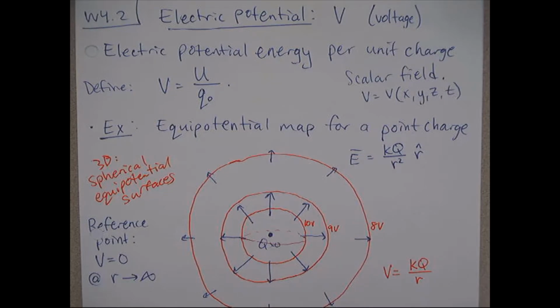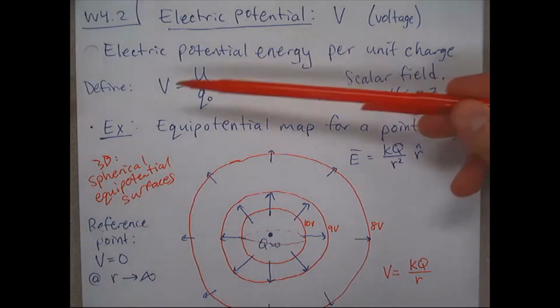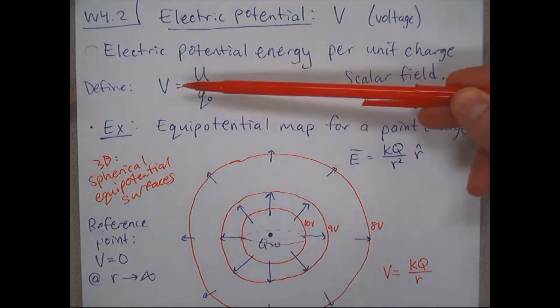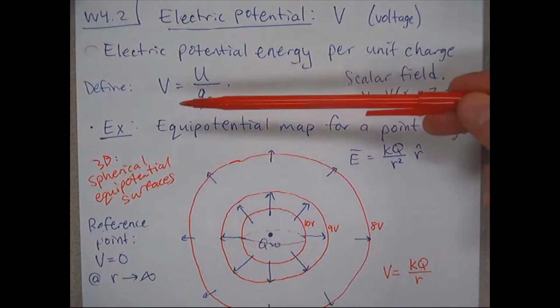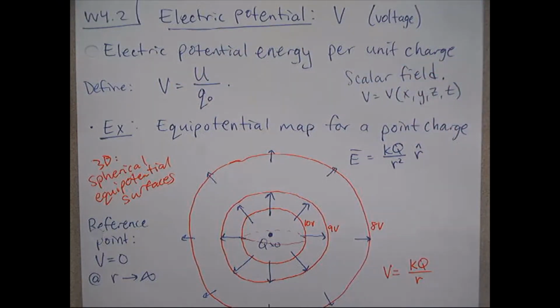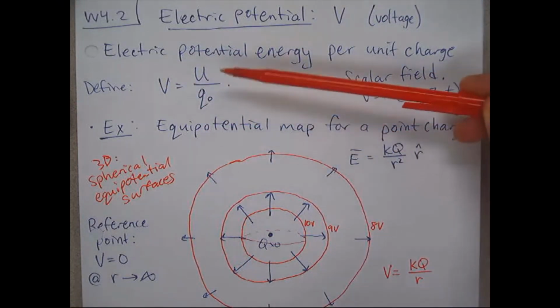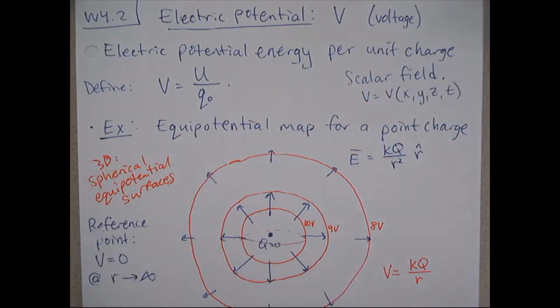Here we define the voltage as electric potential energy per unit charge instead of gravitational potential energy per unit mass, defining what we called gravitational potential. Here, electric potential is the potential energy per unit charge.